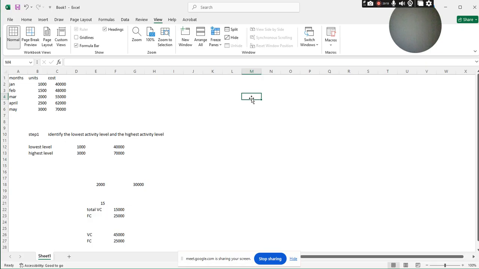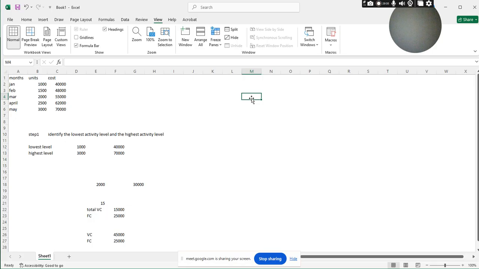Okay, so here we have our cost function formula, right? To be A plus bx.